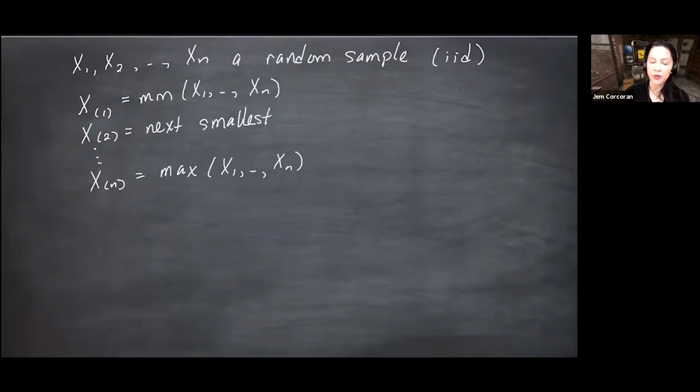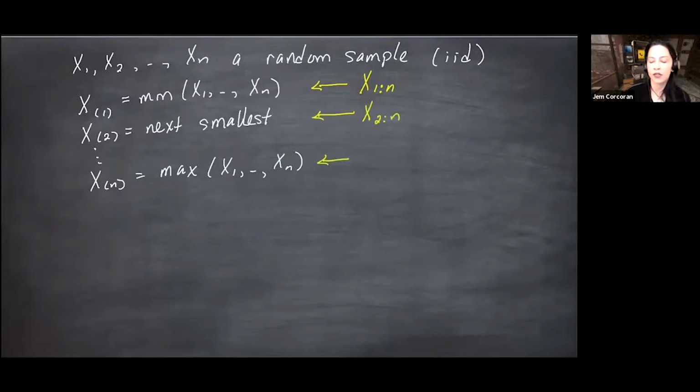So some people denote these, and I do too. I kind of like it because it shows you the dependence on n. But another notation for the minimum is X1 colon n. I really like that, but I don't like it so much when I'm writing notes on a board. It's easier to write the others fast, I think. And this one is sometimes denoted by X2 colon n.